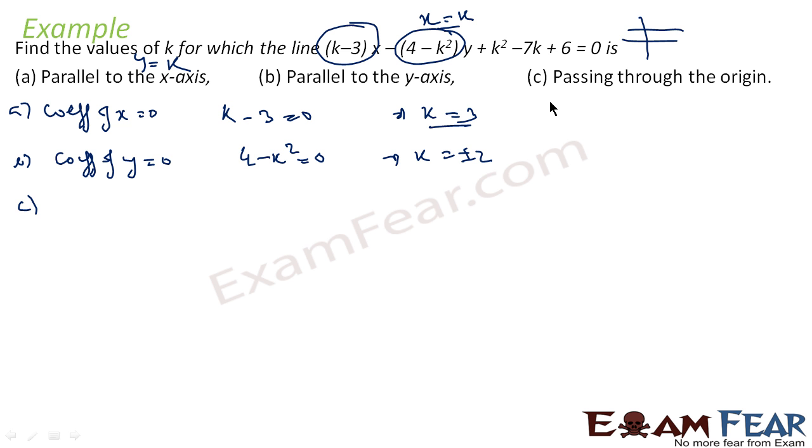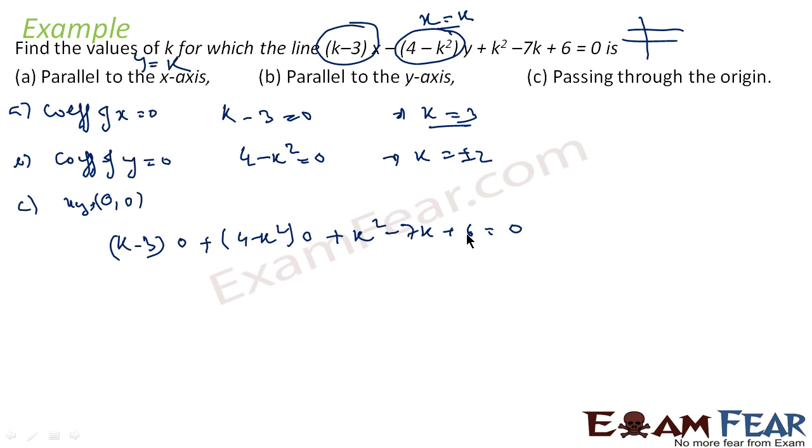In case 3, it says that the line passes through origin. So when the line passes through origin, that means (0, 0) is a possible value for this line's x, y. So we'll put 0, 0, and we get (k minus 3) into 0 plus (4 minus k square) into 0 plus k square minus 7k plus 6 is equal to 0.